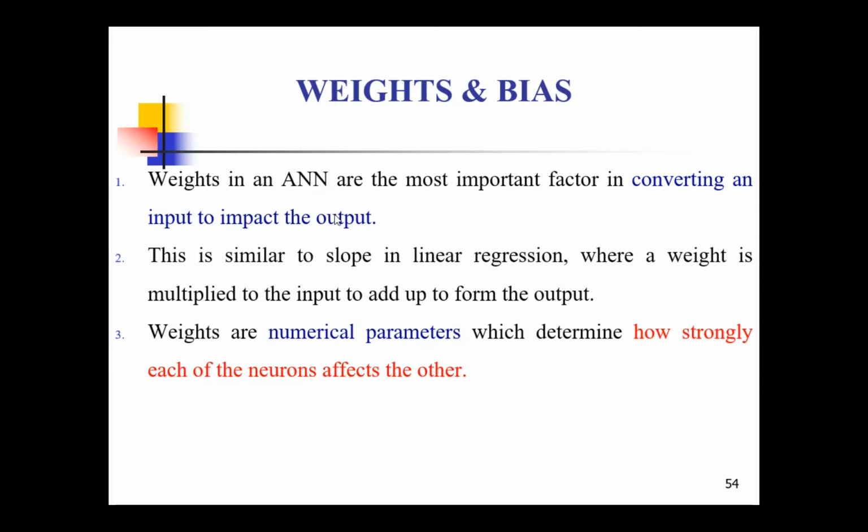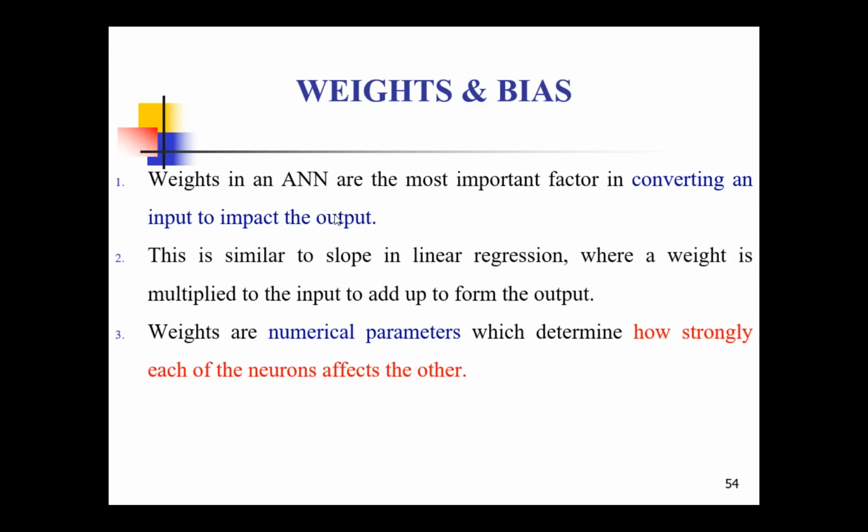These weights are numerical parameters that determine how strongly each neuron affects the other. For example, how the input neurons affect the value of the hidden layer neurons, and how the hidden layer neurons affect the output layer neurons.